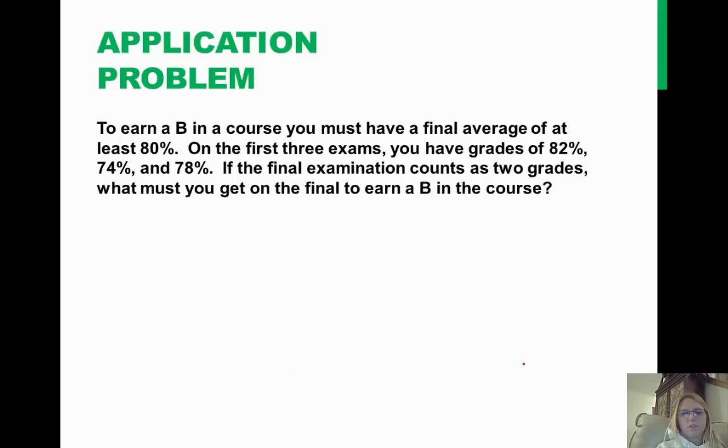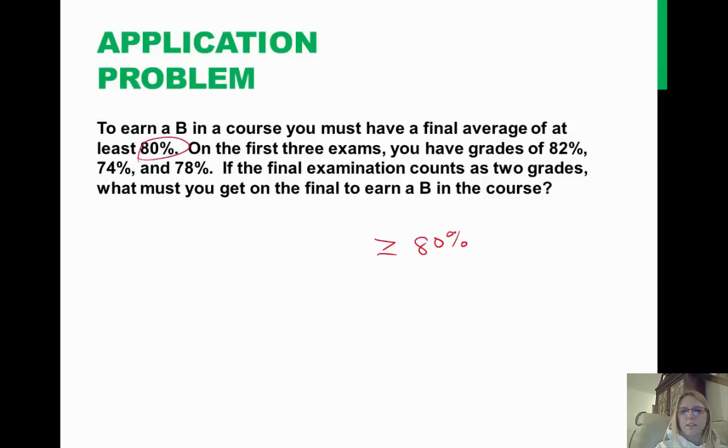This one is a very interesting application problem, and it's likely something that you will see on a quiz or a test. So you need to pay really close attention to this one. It's also something that you could use in practicality for your classes. To earn a B in a course, you must have a final average of at least 80%. So we know that's got to be greater than or equal to 80%.